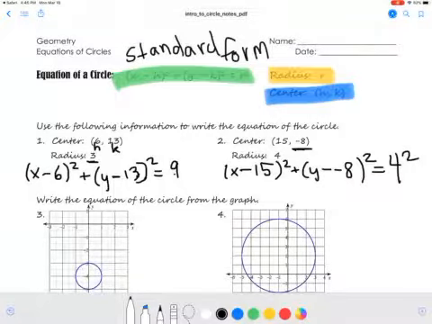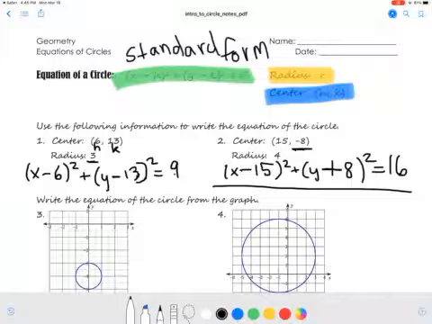Okay? Hopefully you're sitting here saying, hey, double negative, that should be a positive. You're totally correct. So we can change that to become y plus 8. And we all know 4 squared is 16. So we will write it as 16. And that is my standard form of a circle with a center at (15, −8) and a radius of 4.